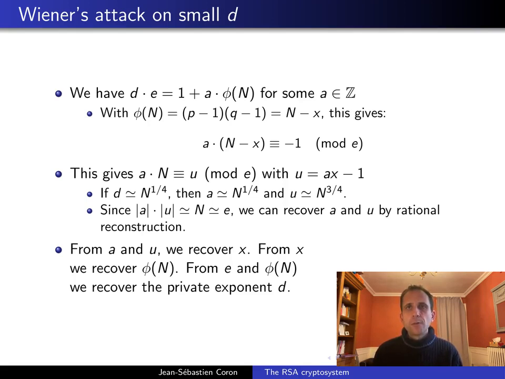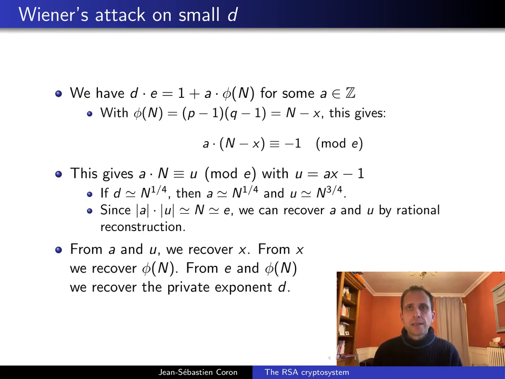And we see that the bounds are correct, because if the private exponent d is less than n to 1/4, in that case, we see that the integer a is also going to be approximately n to 1/4, or at least smaller than n to 1/4. This is because of the first equality, when we have d times e is 1 plus a times phi of n.